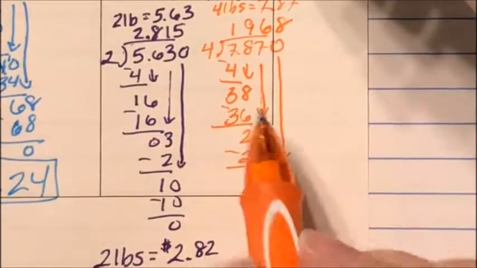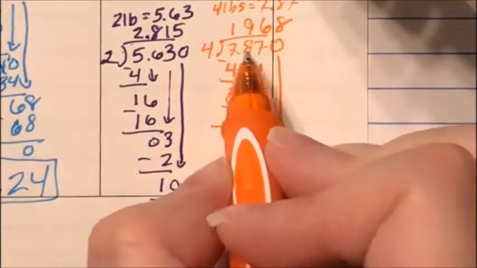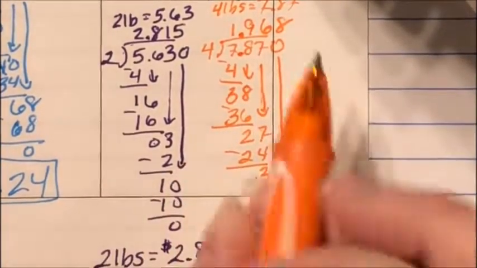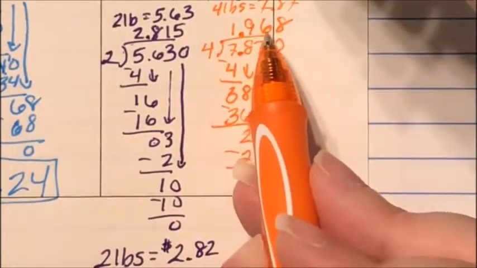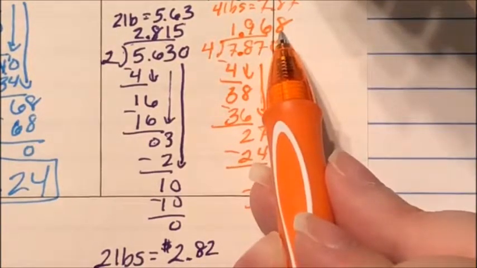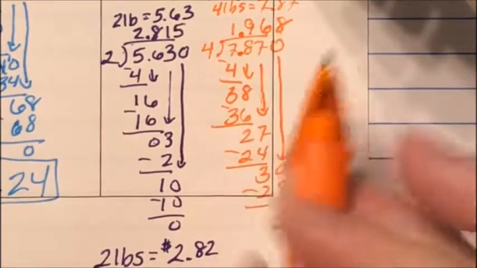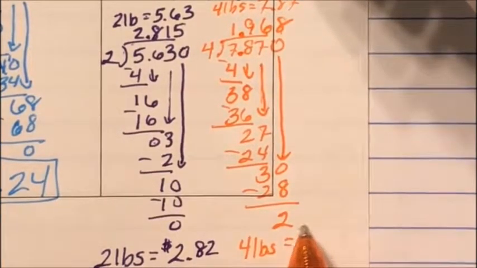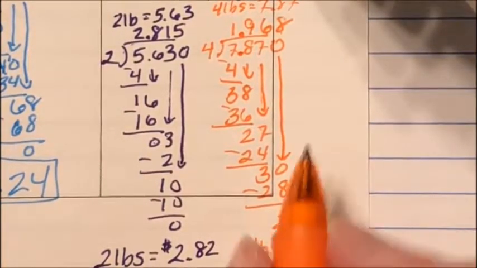I can stop here because I'm worrying about price. So I'm going to take my decimal point, I'm going to move it up so it's there. I'm going to look at my 6, which is my hundredths place. Look next door, which is 8. 8 tells me I rounded up. So 4 pounds is approximately $1.97 per pound.